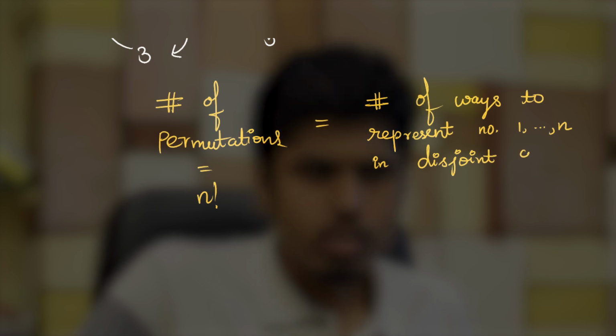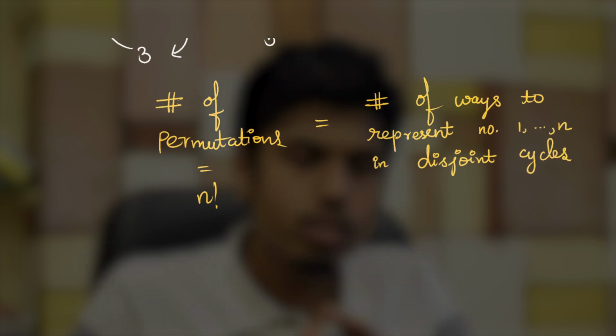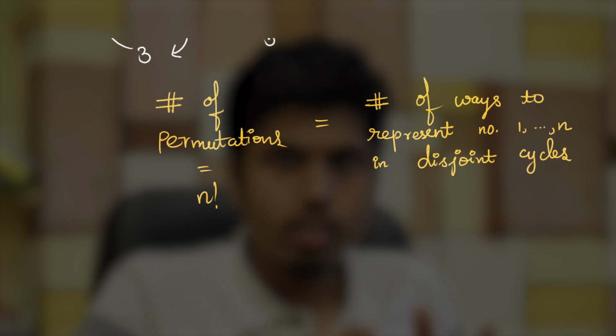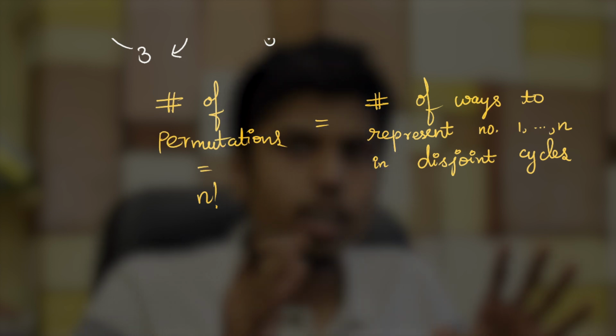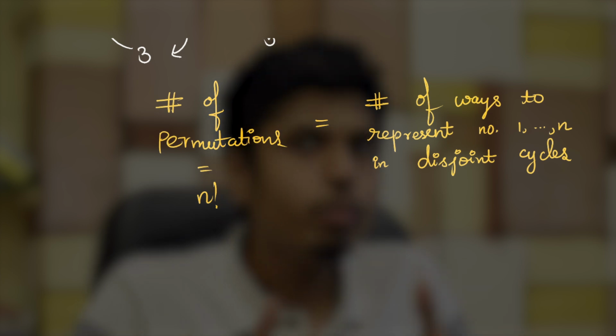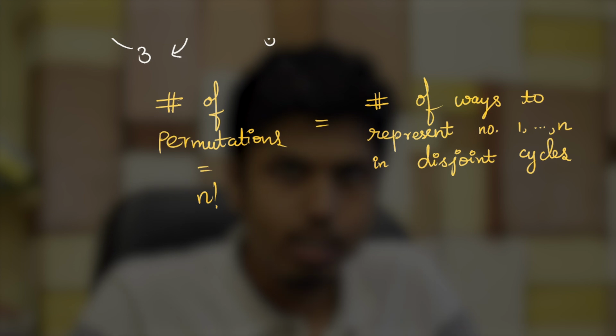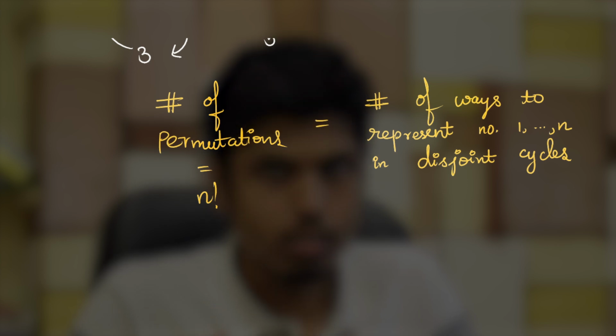Why are they disjoint? It is disjoint for a trivial reason: once that number is considered, then after the cycle ends, we will never go to that position because that number is eradicated from that permutation. So only the remaining numbers exist and they do matter.